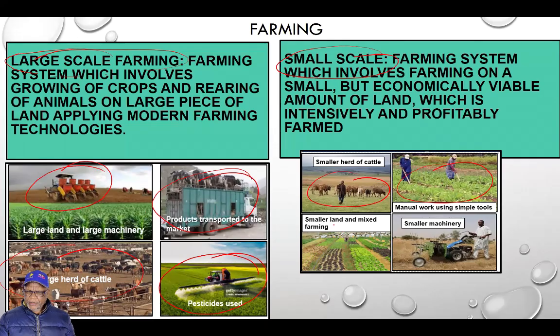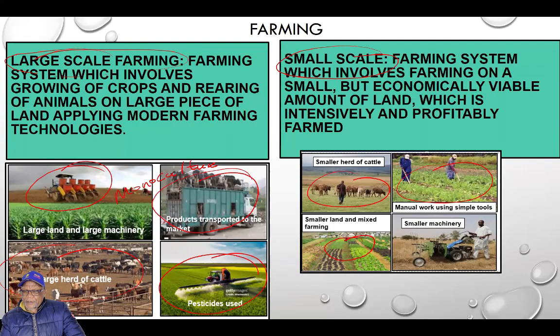And then you can see here small land and mixed. So this one has mixed farming, but this one has monoculture, which means it's usually focused on one type of farming activity, either large livestock farming, or they produce only maize, or sugarcane, or they focus mainly on one crop or one type of livestock.